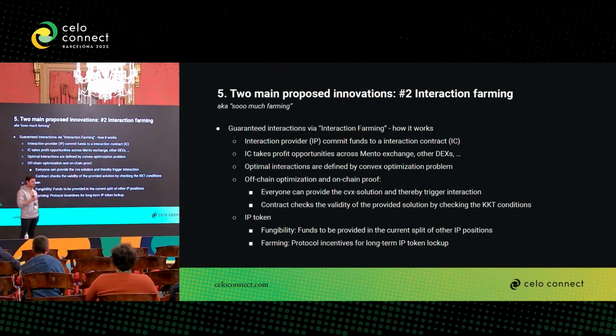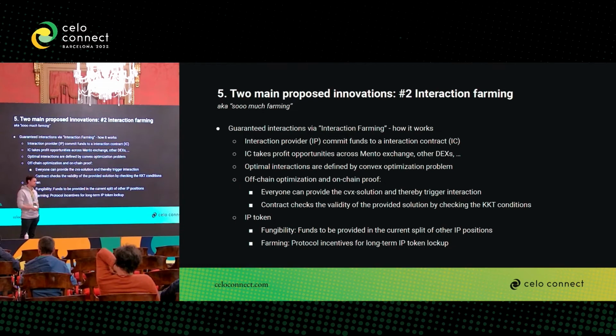And that means that everybody can potentially provide the solution and trigger the interaction and move this whole capital in this contract at every point in time. So yeah, that's basically taking the same concept and applying it to the third additional problem that we identified.